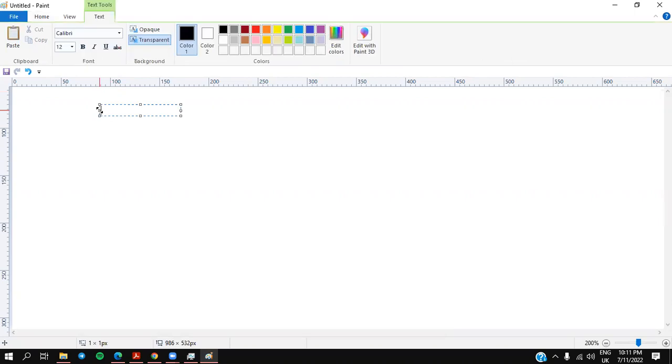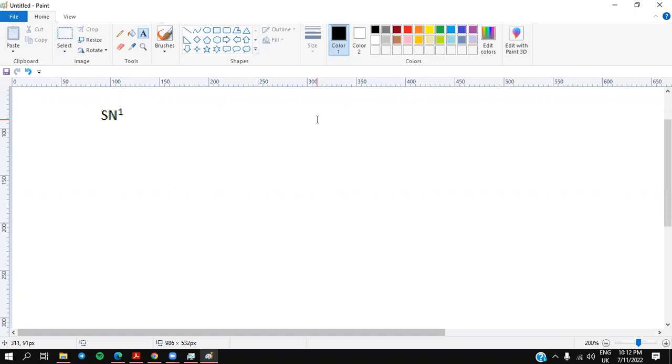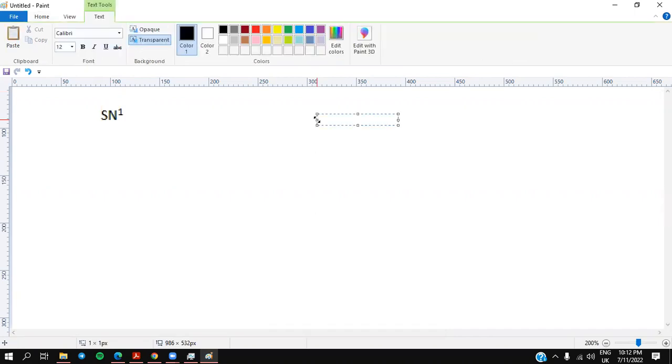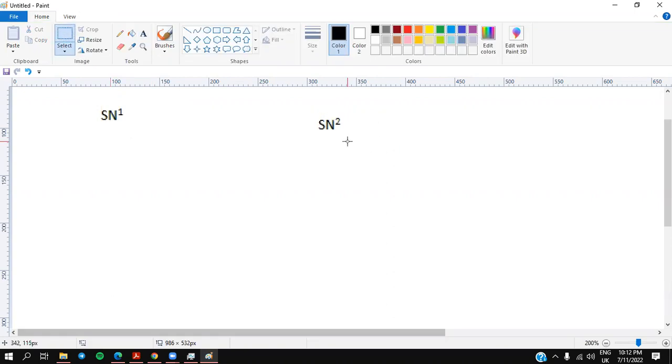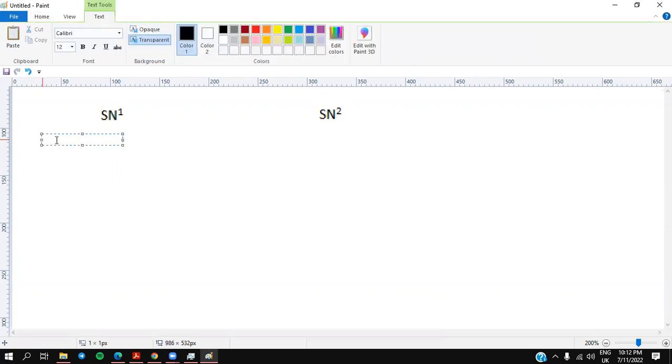Let us try to compare Sn1 reaction with Sn2 reactions. Sn1 reaction versus Sn2 reactions. Okay, I can say first for Sn1 reactions. What's the first point?